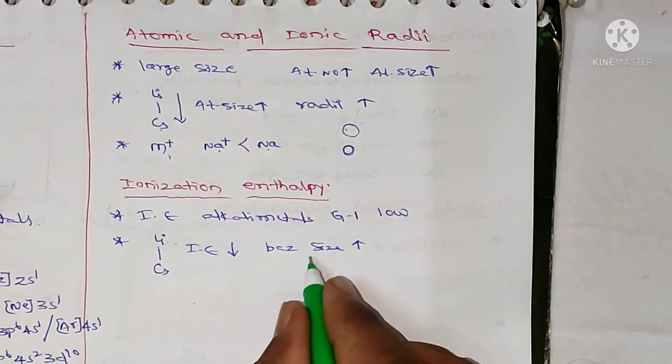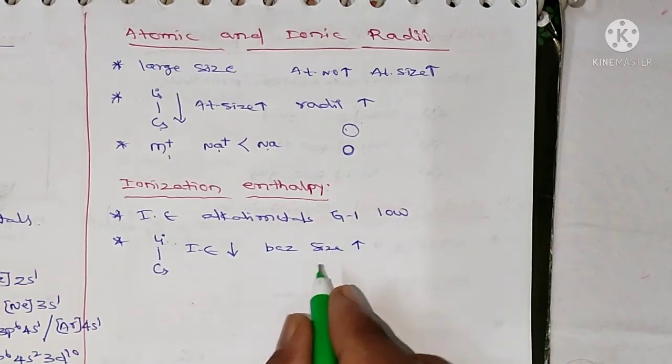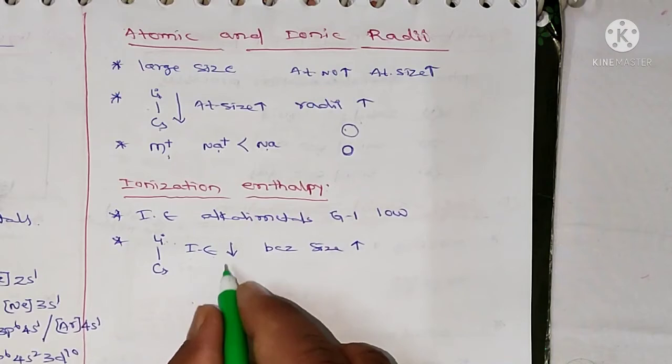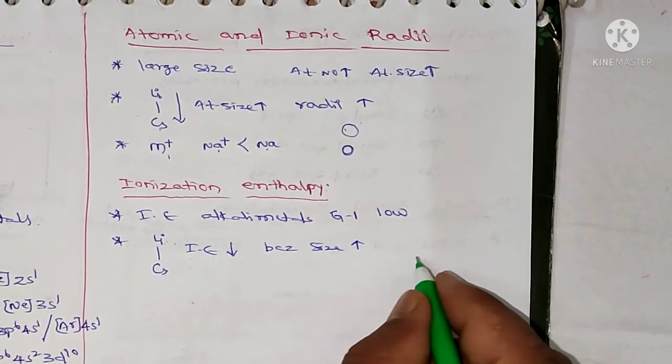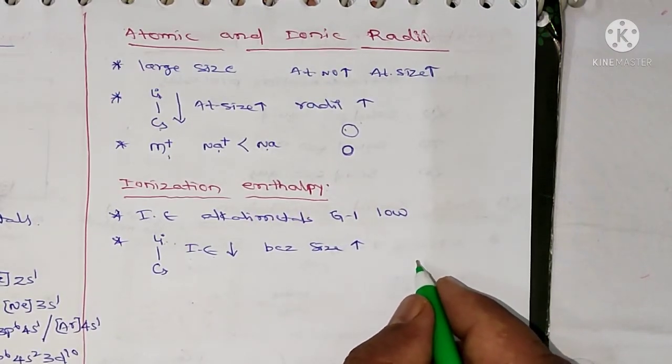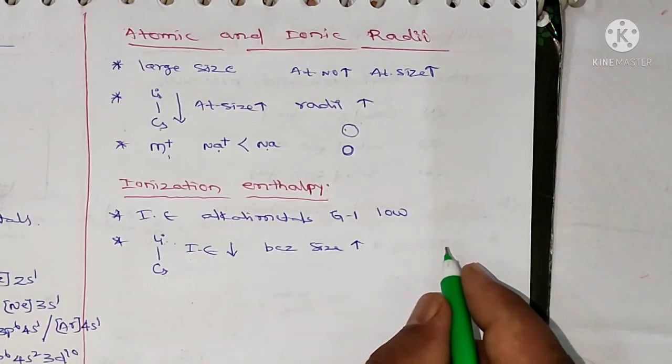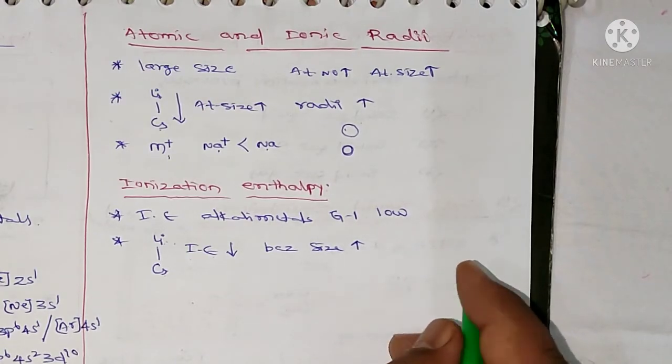If the size increases, we can easily remove the electron from the outermost orbital.